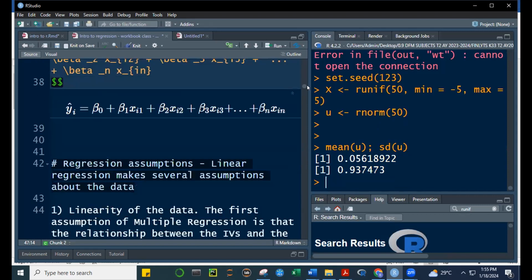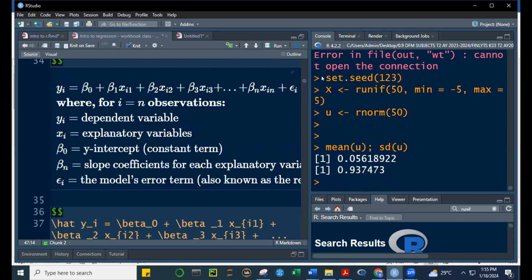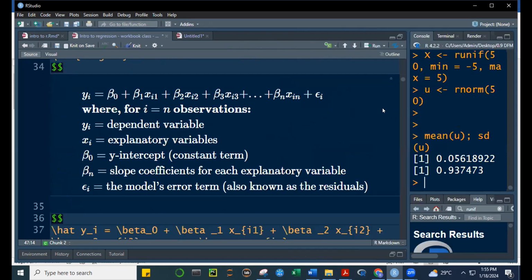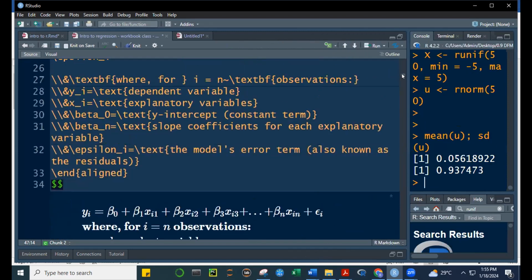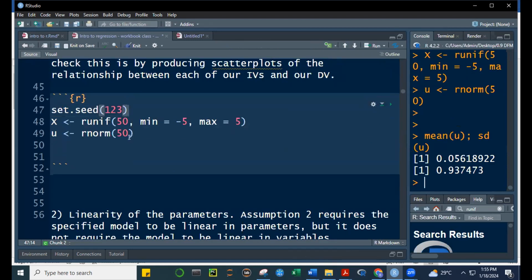So it's only 50. Let's change this, class. Let's put, so that we're all the same, mean is equal to 0, and standard deviation, oh, it's the default already, right?